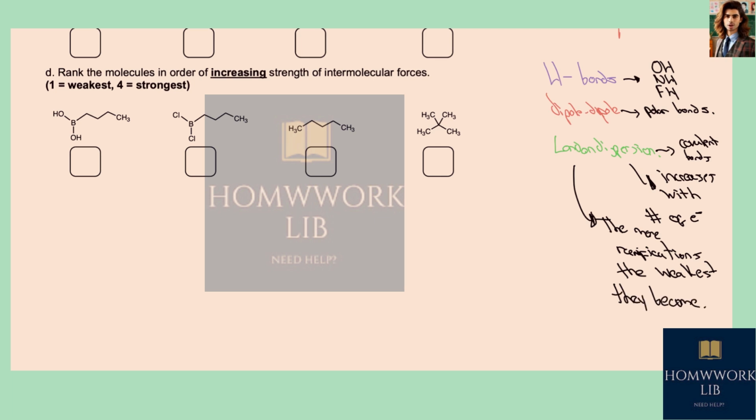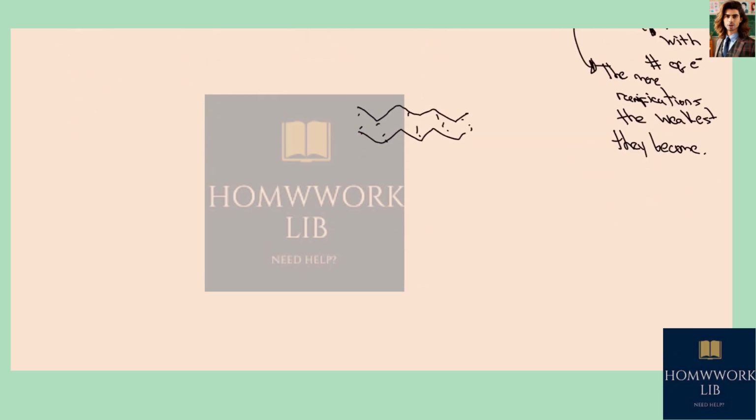Why is that? Well, think about, for example, something that looks like this. It can have an interaction with another molecule that is quite similar to that, like this, right? There are going to be a lot of intermolecular interactions between both of the pieces. But what is going to happen if I start adding ramifications to this? Let's say that I add over here a branch like this, and another like this.